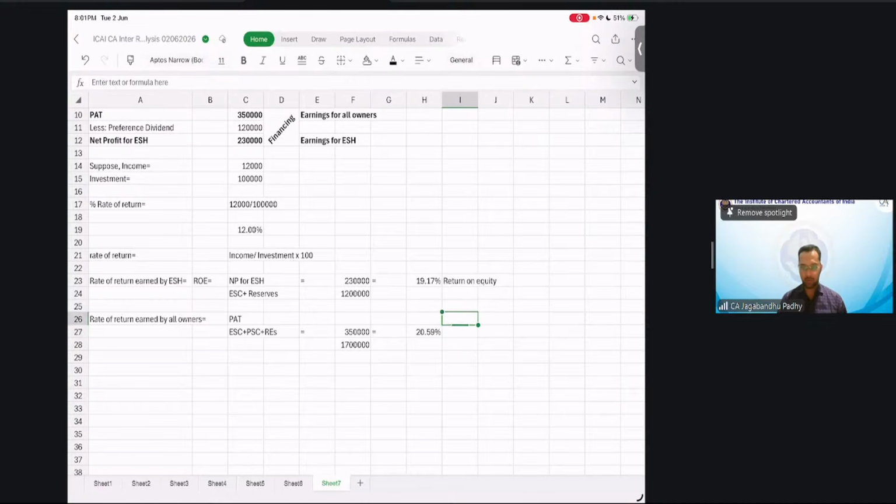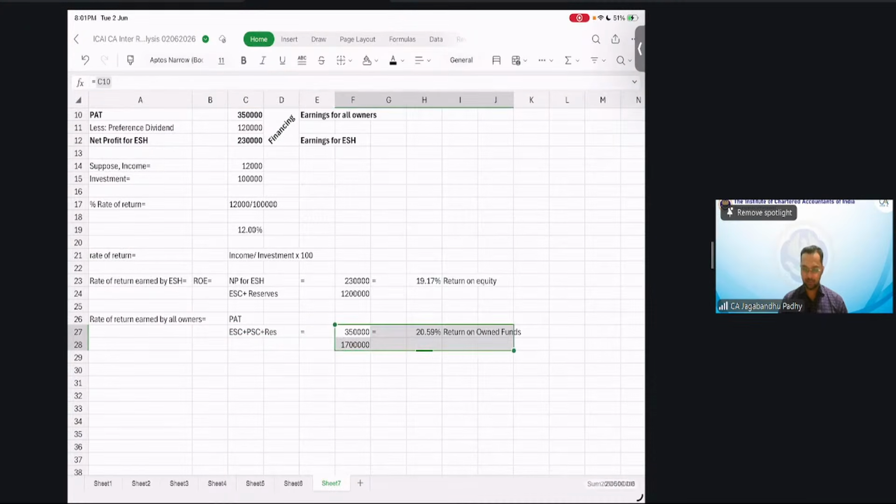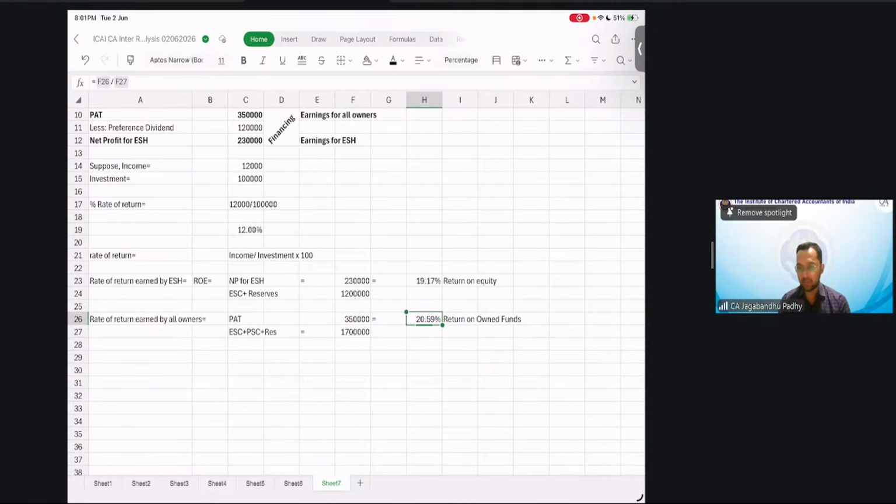This is 20.59%, and which is what we call return on own funds. So rate of return earned by all owners is PAT upon equity share capital plus preference share capital plus reserves. That's 20.59%, the return on owned funds.